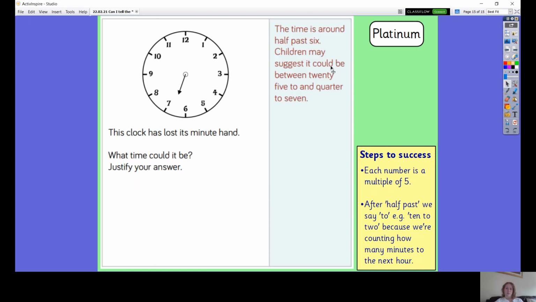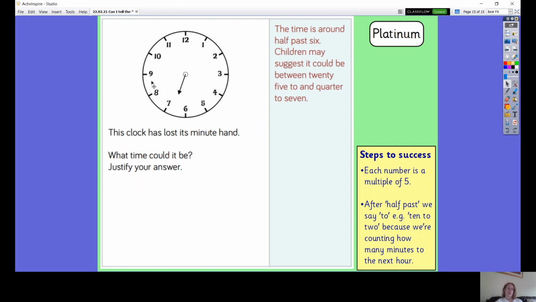Okay, let's have a look. The time is around 6:30. So when I said there's a range of answers, I've said anything between 25 to and 6:45. So any of those times, if you said 25 to, 26 minutes to, 6:30, ideally a time around about 6:30, because that hour hand is just over halfway between the 6 and the 7.